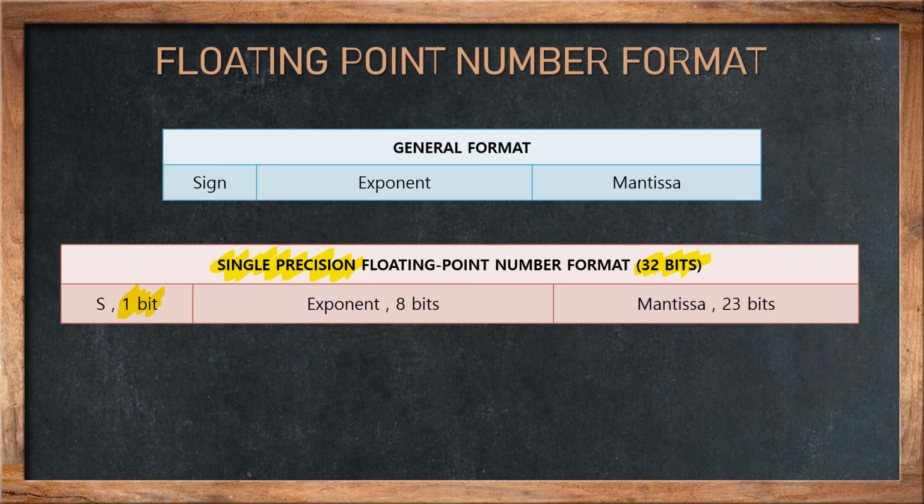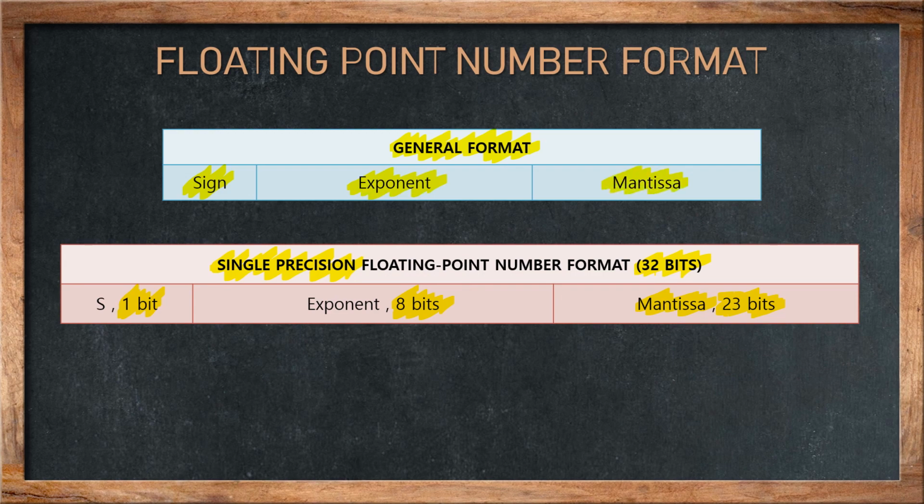In the exponent you can store 8 bits, means this section has 8 locations, and in the rest of the 23 bits I'll store my mantissa. This is the general format: sign, then exponent, and then the mantissa part.